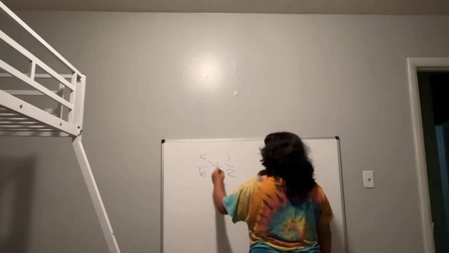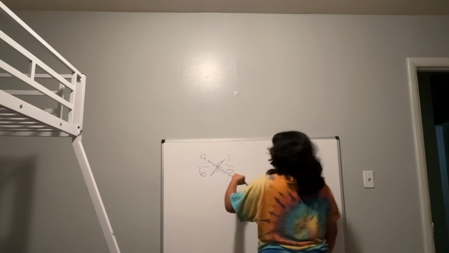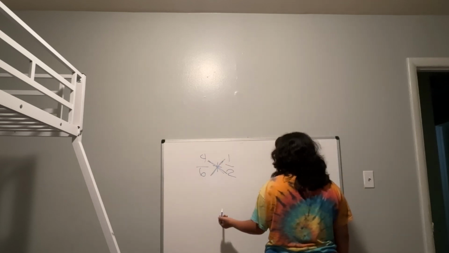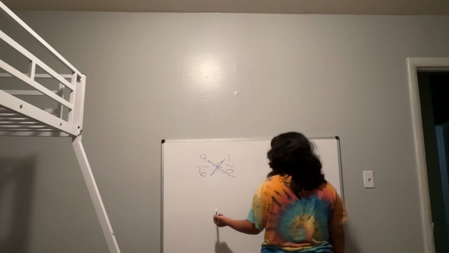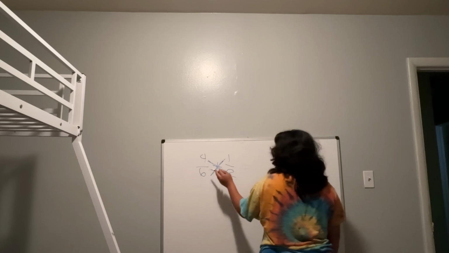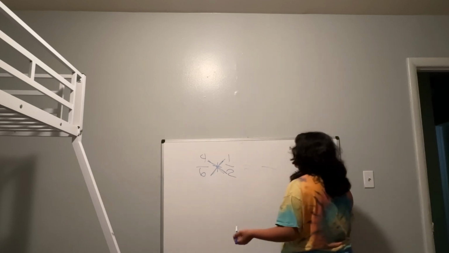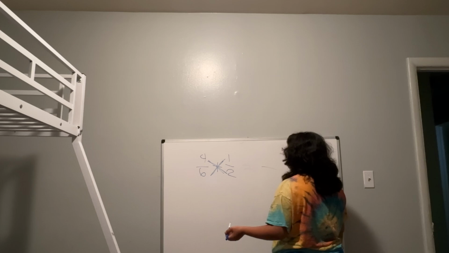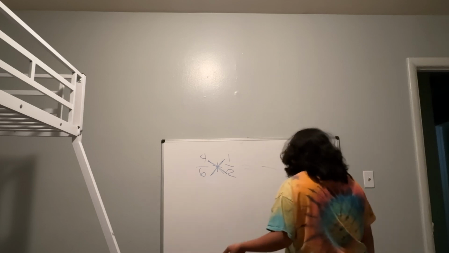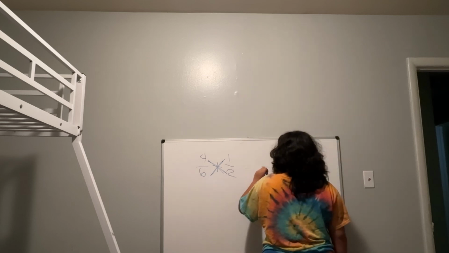She would do a cross like this and times these, which is a good method too. And then she would, so 6 times 1, very confusing. And it's only one step basically. 6 times 1, 6.